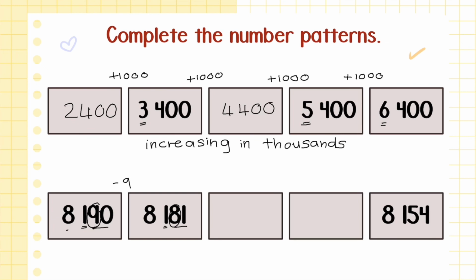So from the second number, we minus 9 again. 8,181. If we minus 9, it will become 8,172. Minus 9 again, it will become 8,163. Minus again 9, it will become 8,154.